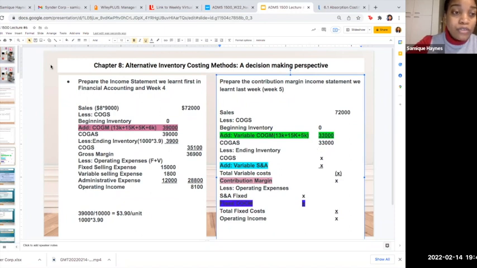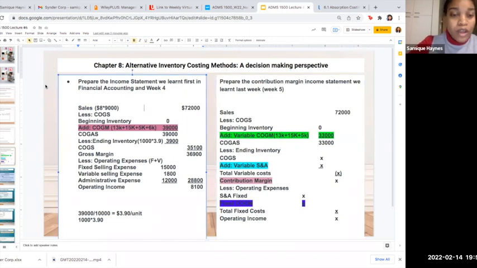Okay, can you tell me where you're lost instead of making me go on, and then go over the cost of goods manufactured? The cost of goods manufactured is your product cost. It's made up of your direct materials, your direct labor, and your manufacturing overhead. Manufacturing overhead can be split into a variable manufacturing overhead and a fixed manufacturing overhead.